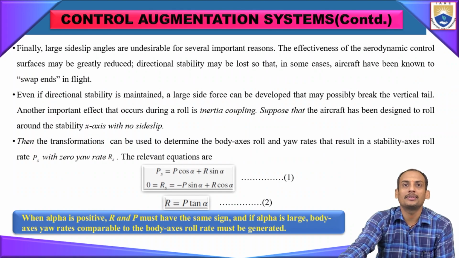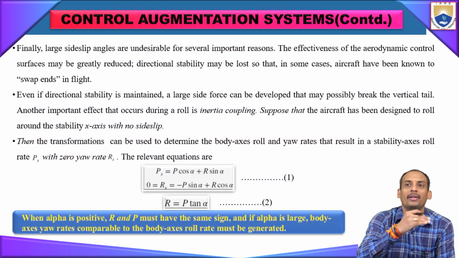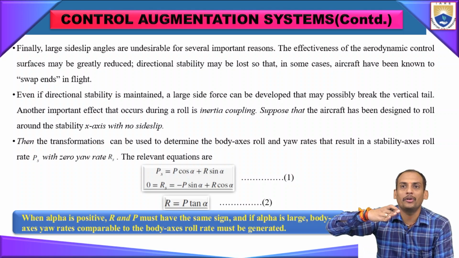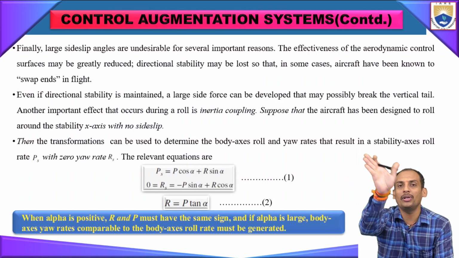So the side slip angles are undesirable for several important reasons. The effectiveness of aerodynamic control surfaces may be greatly reduced. The directional stability may be lost, so that in some cases the aircraft has to swap ends in flight. Because it is rolling like this and pitching like this, it may sometimes be a pull-up maneuver also.